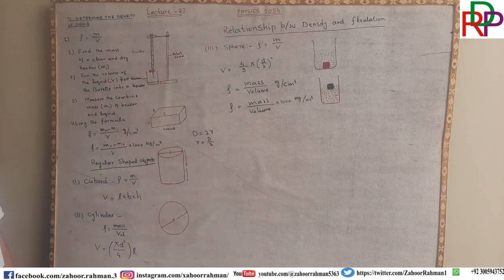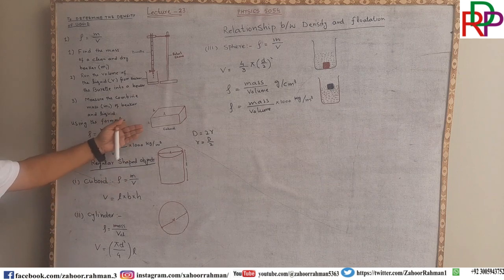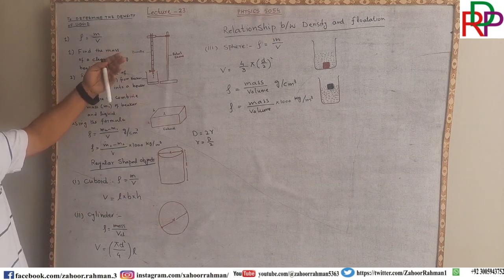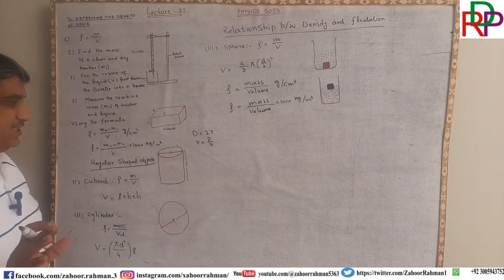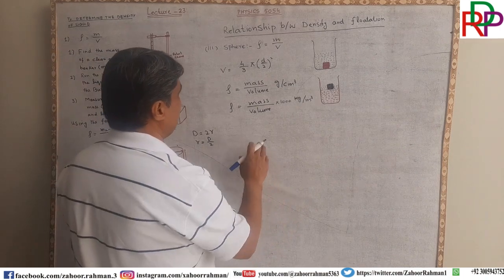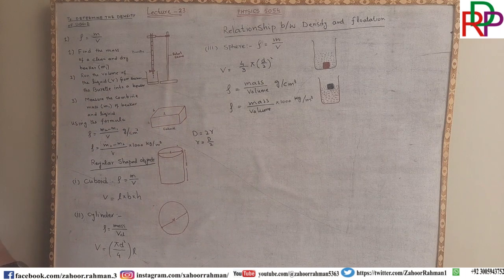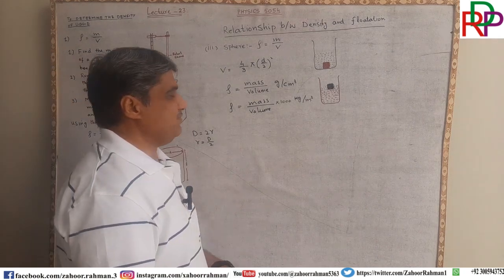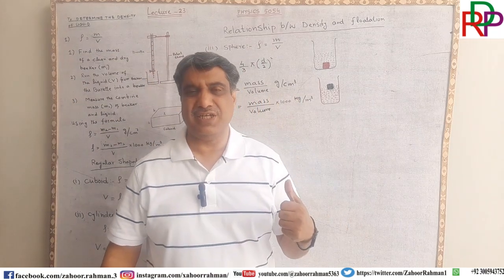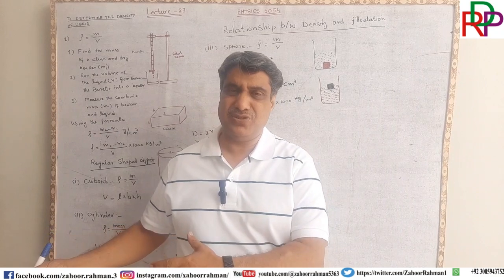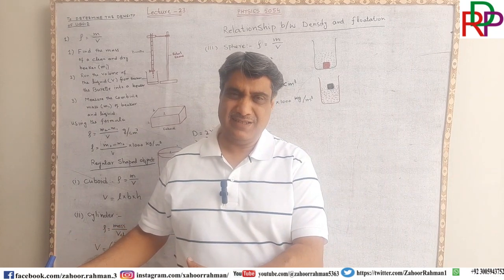That's it, ladies and gentlemen, how to find the density of regularly shaped objects or of a volume. That is very easy, and it will help you a lot inside the ATP. We will do the ATP, alternative to practical, as well, inshallah. Ladies and gentlemen, we are doing all this theoretical portion because it is used in the exercises.